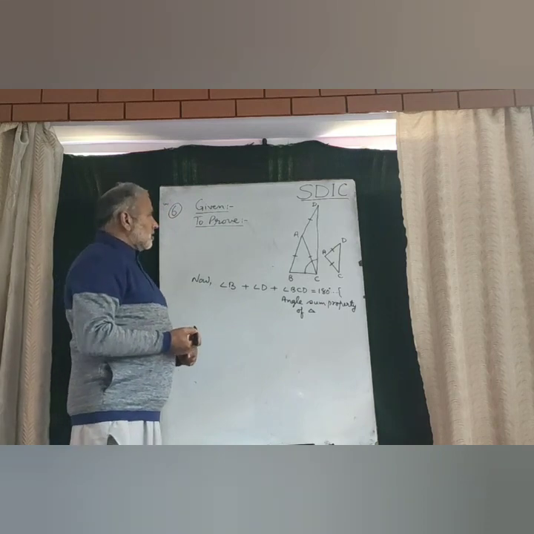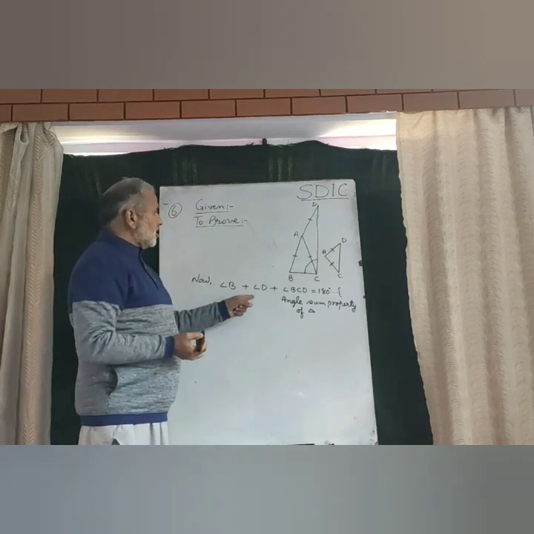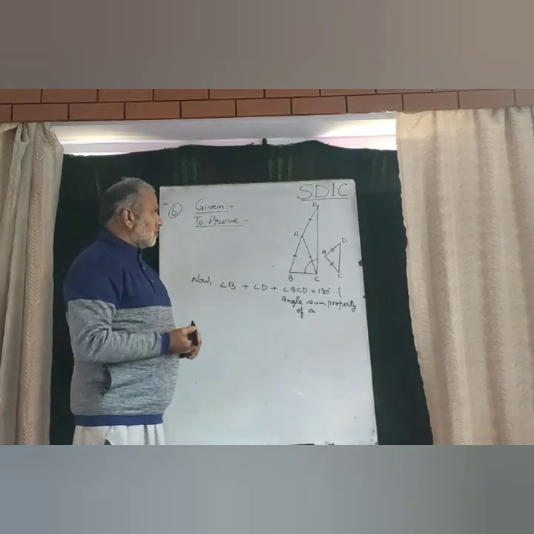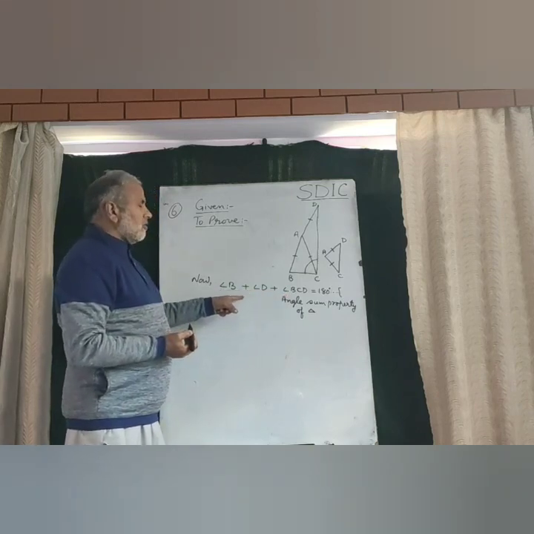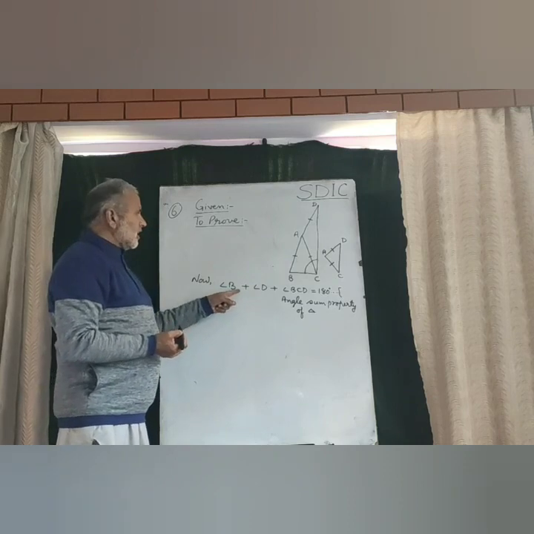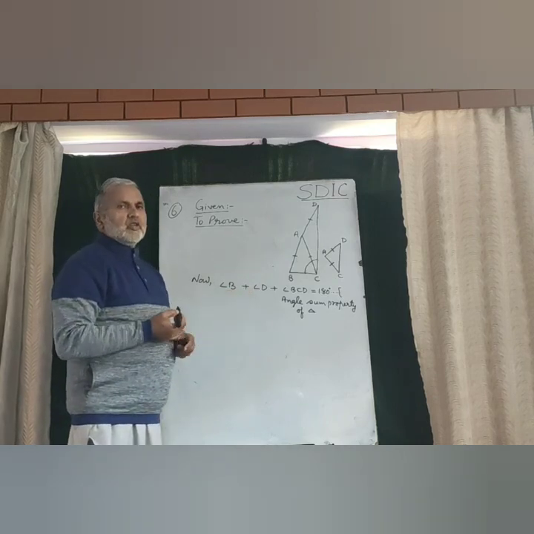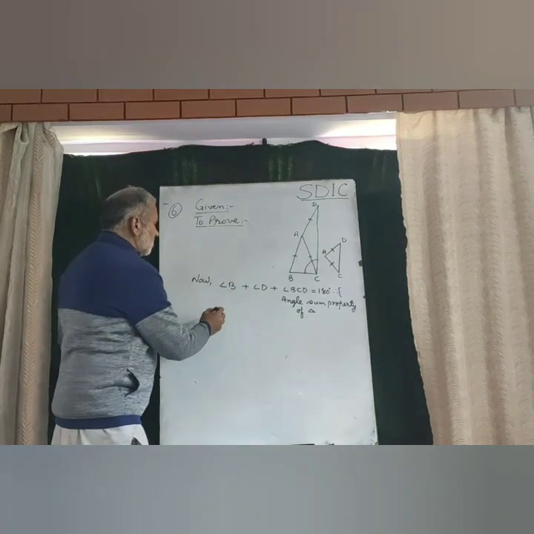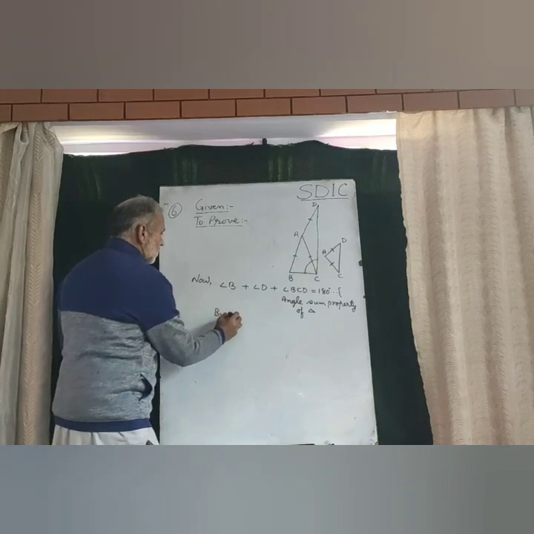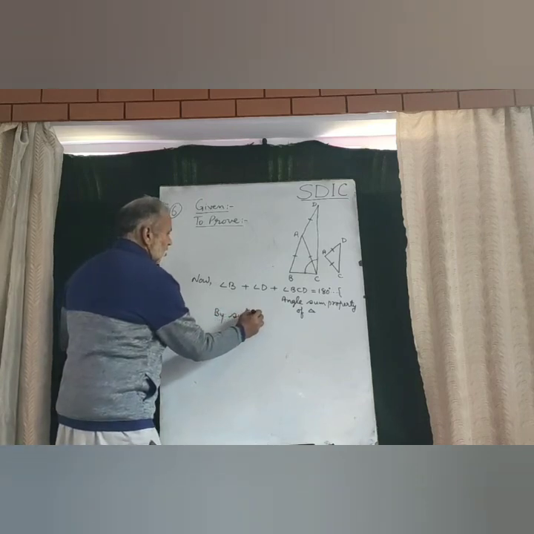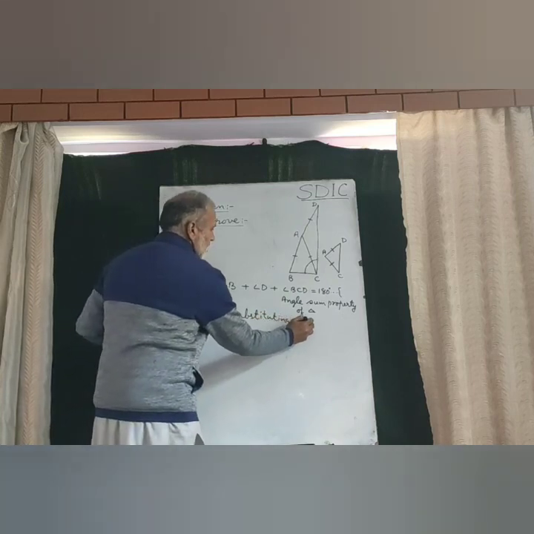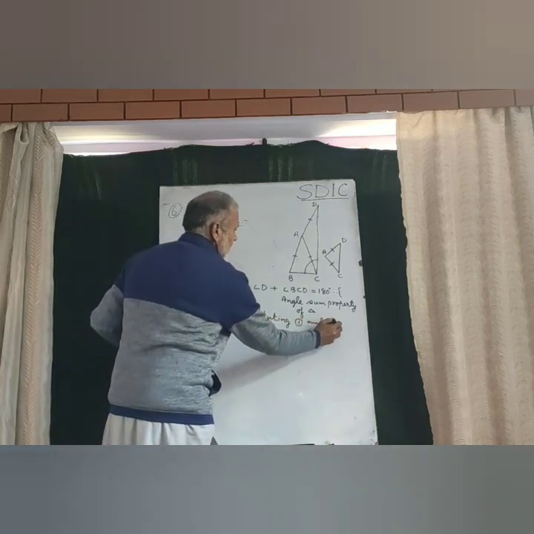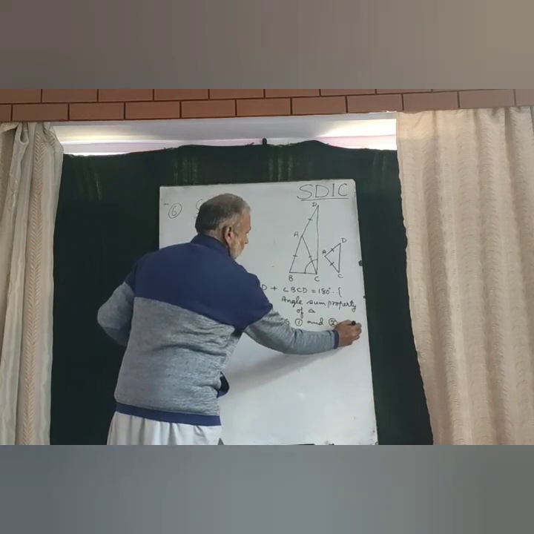Out of these three angles, we will split, we'll put in the value of angle B and angle D that we have got in the form of first and second. So we write by substituting first and second, we get.